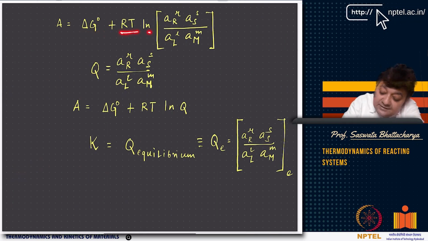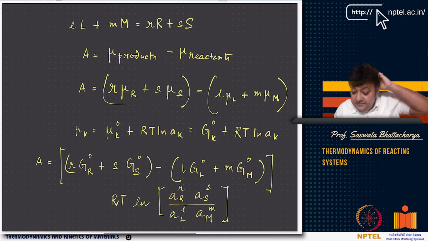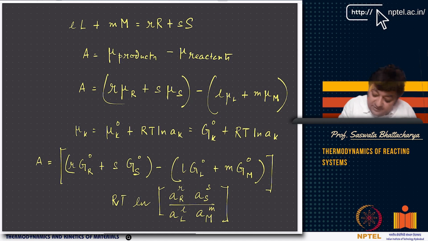The difference basically gives me delta G0, and this is RT ln of a_R to the power R, right? Because you see, mu k is G_k^0 plus RT ln a_k. So if you look at G_R^0, you are writing it as G_R^0 plus this term.